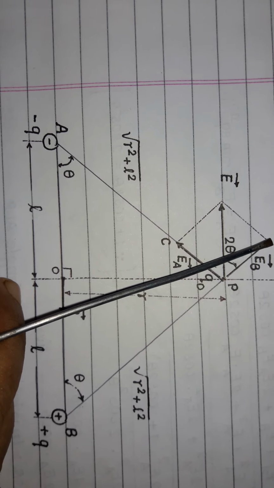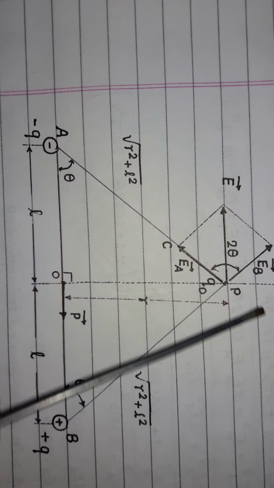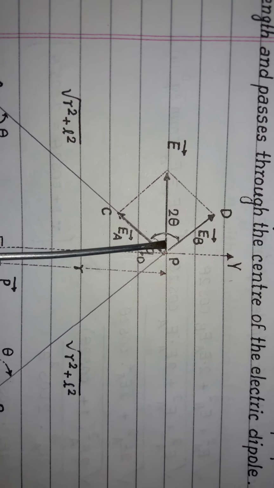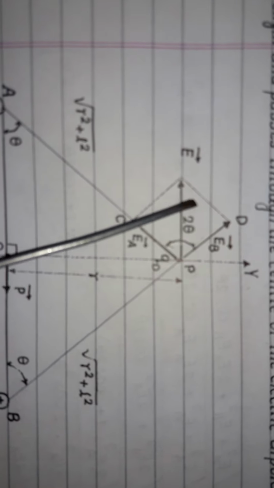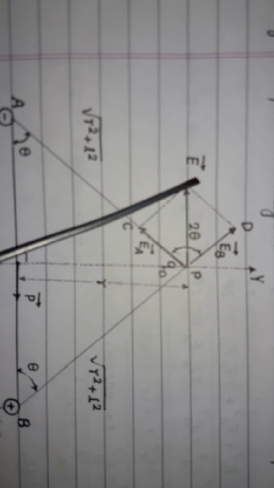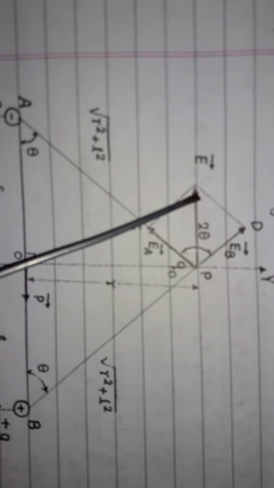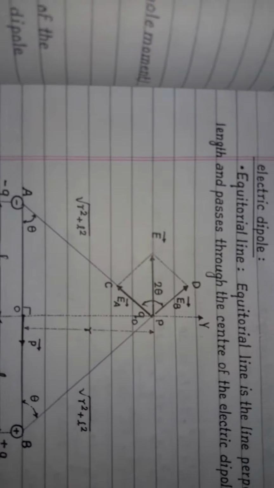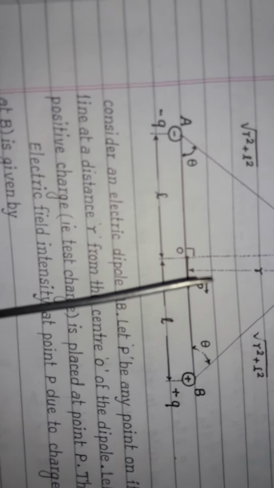Then we will use the parallelogram law. According to the parallelogram law, the diagonal of this parallelogram, that is PE, will give the net electric field intensity at point P and its direction. Clear? So come to the derivation.